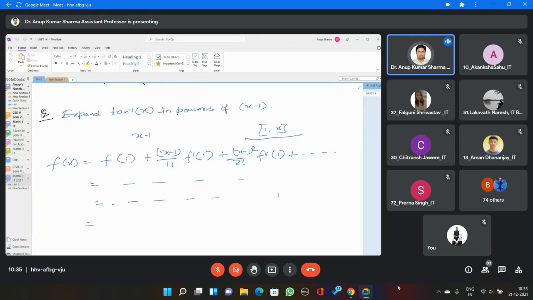When we write 0 to x, it becomes the Maclaurin series. No issue, the Maclaurin series is a special case of the Taylor series. In this case, you have to differentiate all the terms and put in the values. I did not solve that one in the last lecture. Those who have solved it, okay, but I need to solve this one.